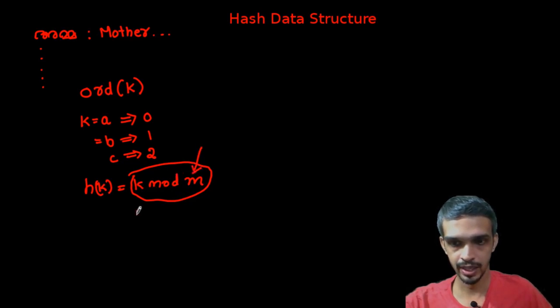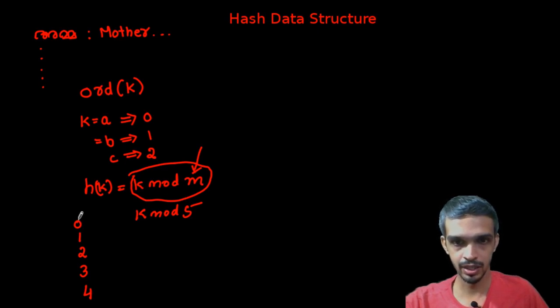You can write k modulo 5. Then the elements can be either 0, 1, 2, 3 and 4. So it is a hash table with indices from 0 to 4, that is 5 elements.